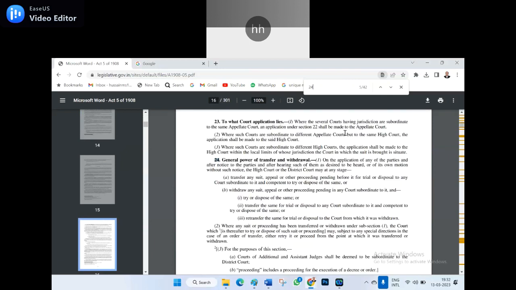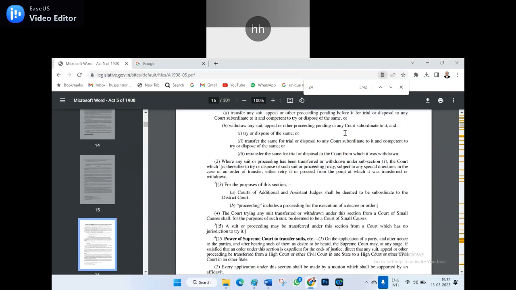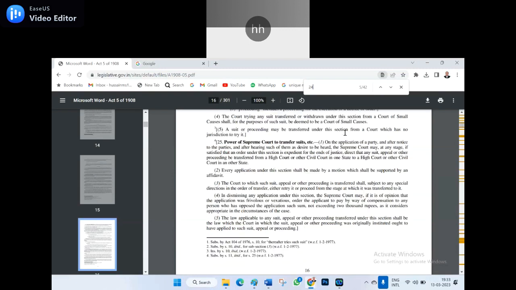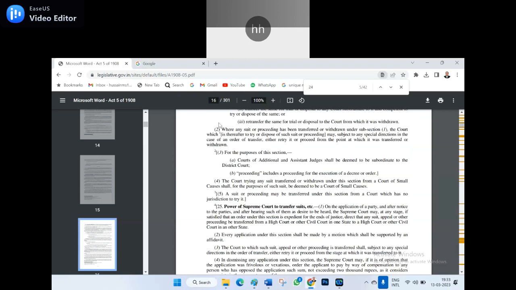Yeah. See, 24, general power of transfer and withdrawal. Now we want 3 or 4 or 5. Power of the Supreme Court to transfer suits on the application of a party, and other notices and the expedient justice, high court and civil. Every application where it is made, 24, and this is the 2, this is the 3, this is the 4.